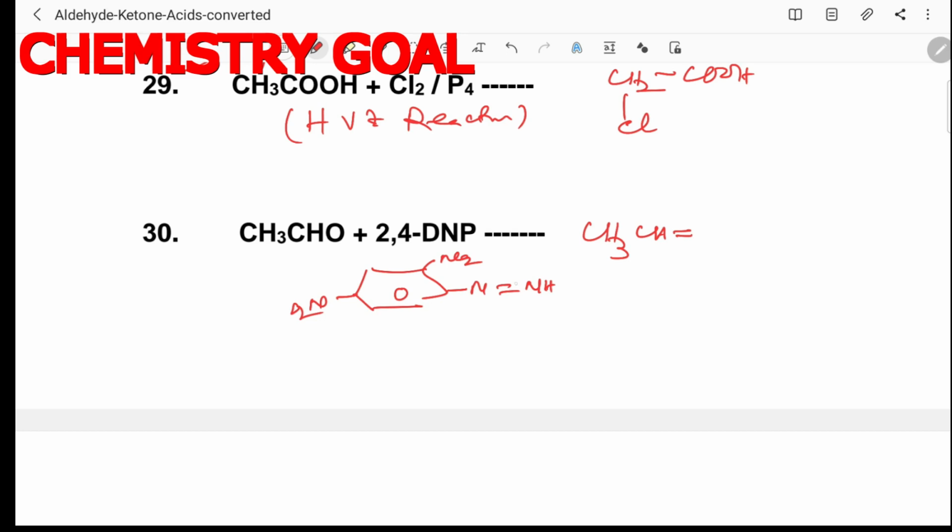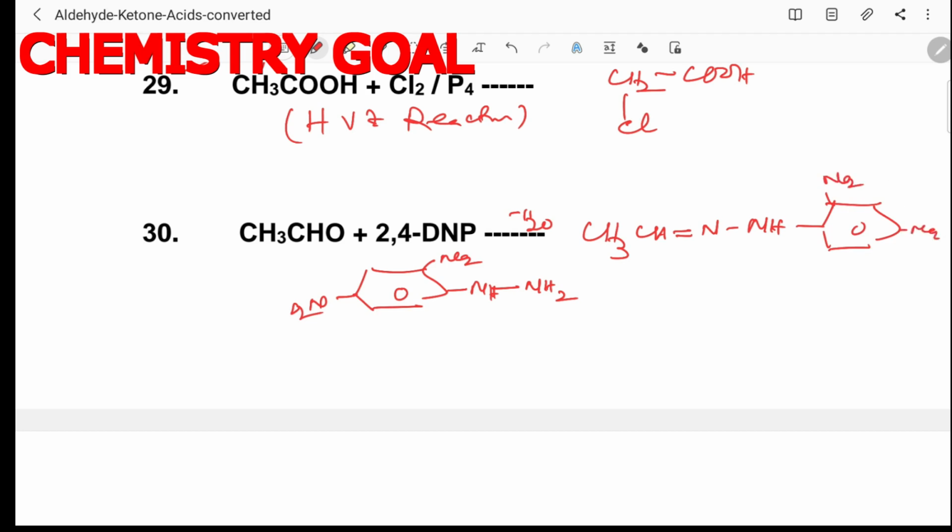Here, not a double bond, a single bond will remain, with NH2 and NH. Okay, a hydrazine derivative. So the product will be CH3CH double bond N, with loss of a water molecule, like a nucleophilic addition reaction, then N, then NH, then the benzene ring, with NO2 at the 2 position and NO2 at the 4th position.